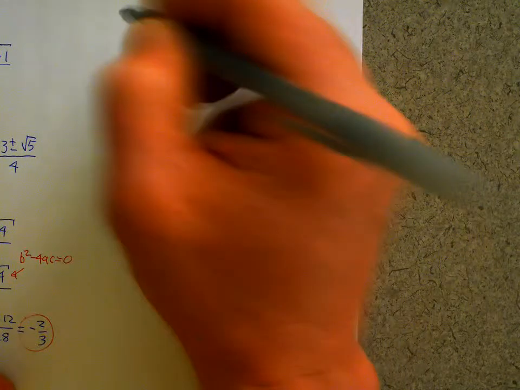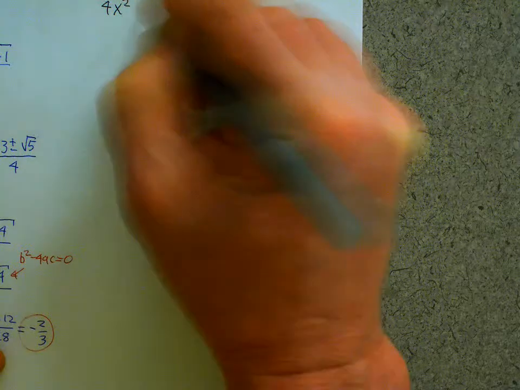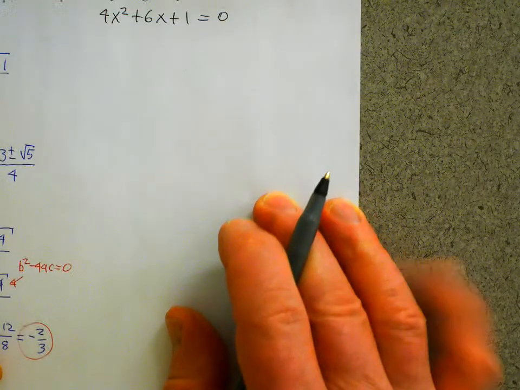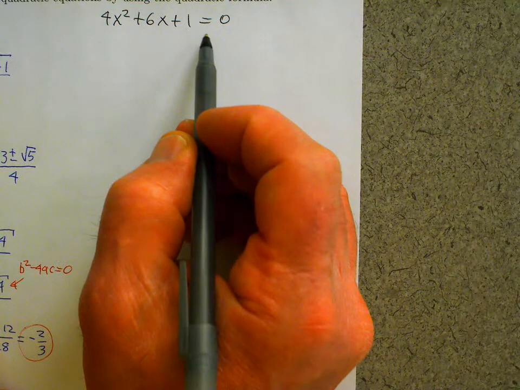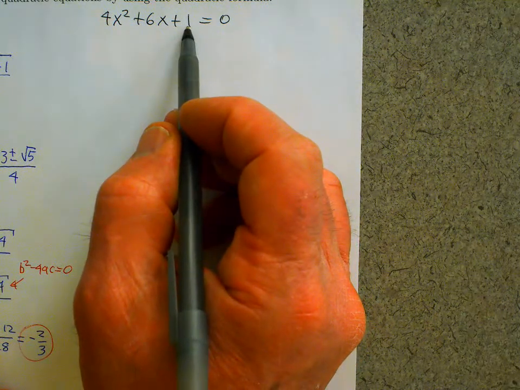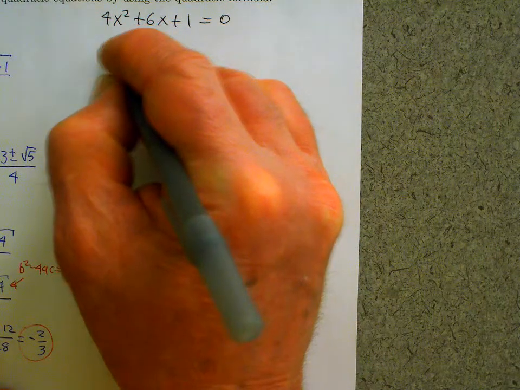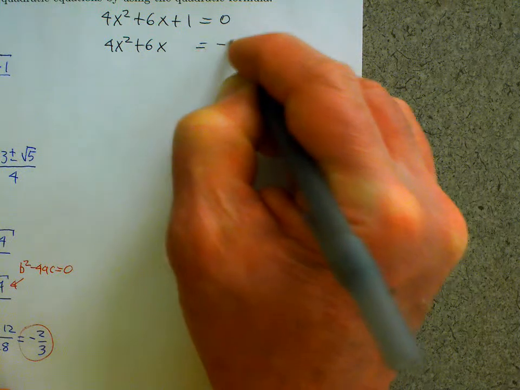I'll rewrite the quadratic equation, 4x squared plus 6x plus 1 equals 0. Okay, solve by completing the square. The first thing to do is subtract 1 from both sides. So we get 4x squared plus 6x equals negative 1.